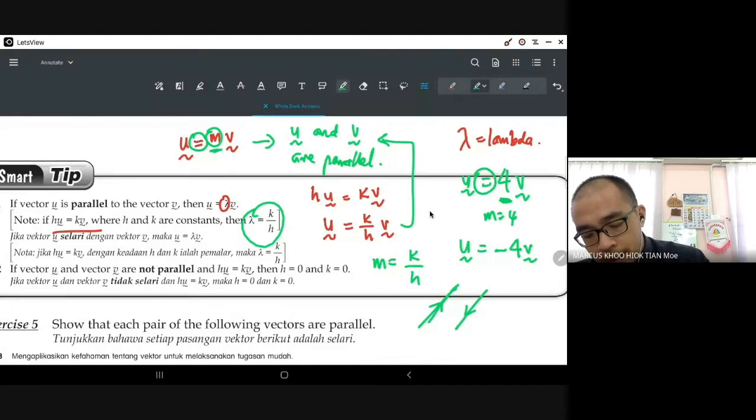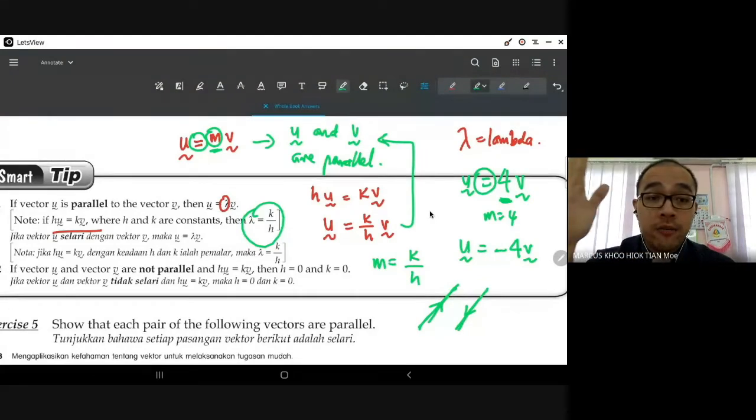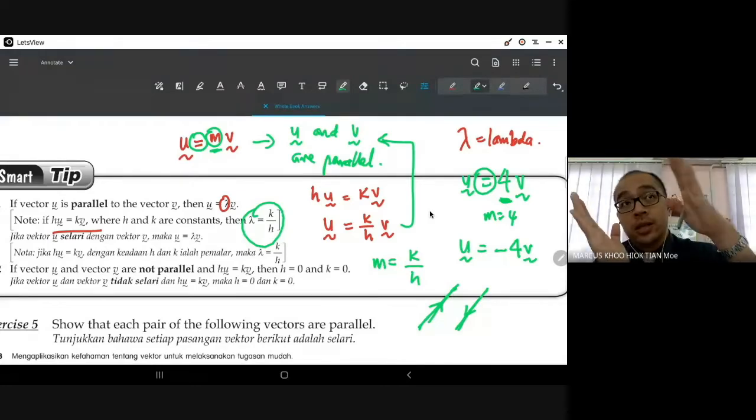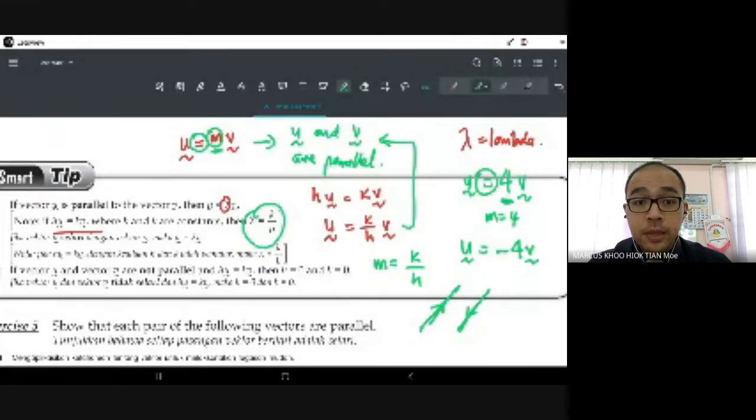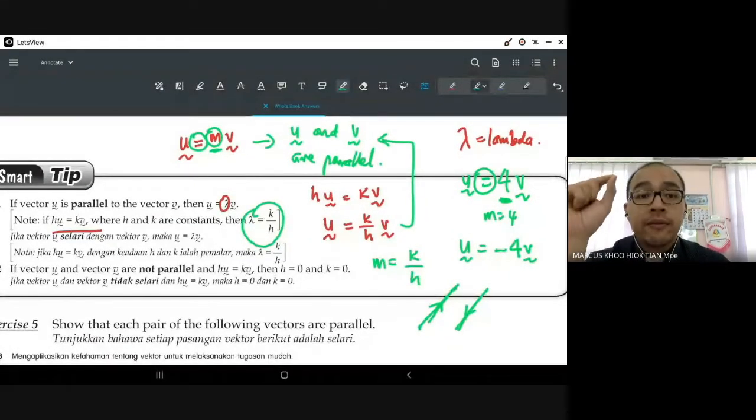These lines are parallel, although the direction is different, but the gradient is the same. So that's a very important thing. Whether the number is negative or positive, as long as you can get a number and we say that u and v are equal vectors, therefore we can say that u and v are parallel.